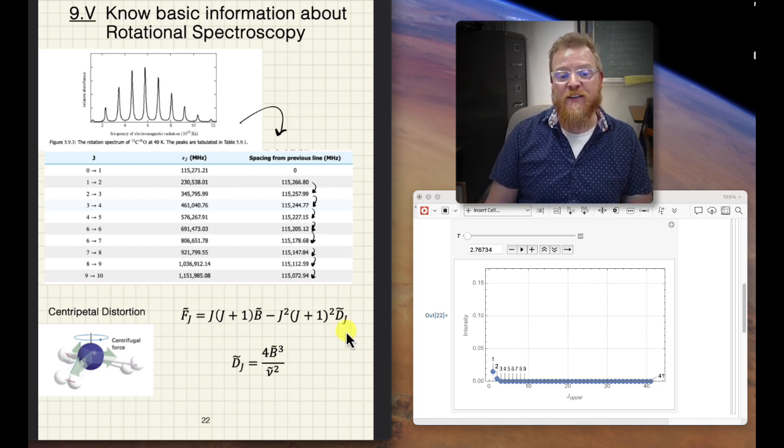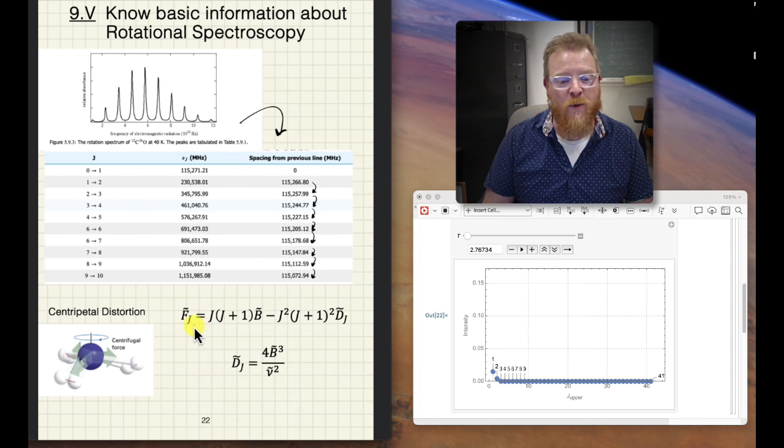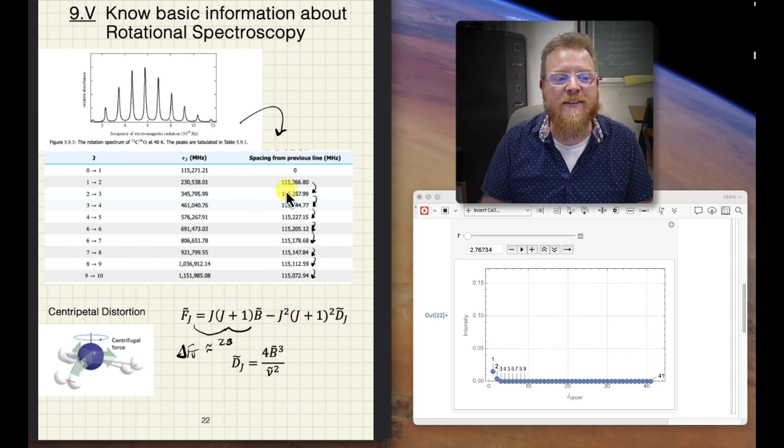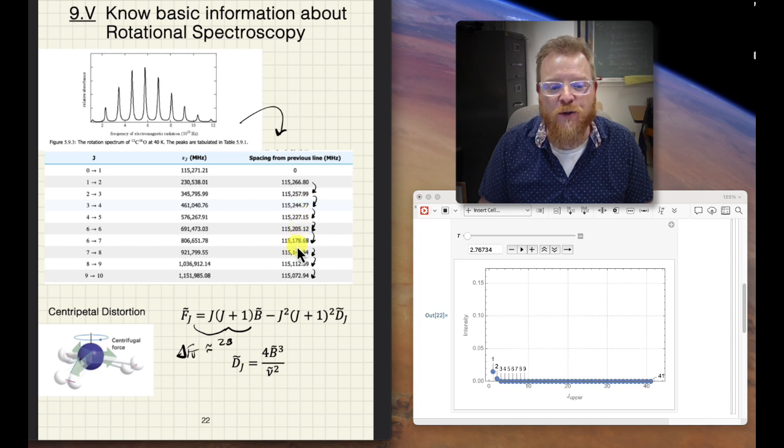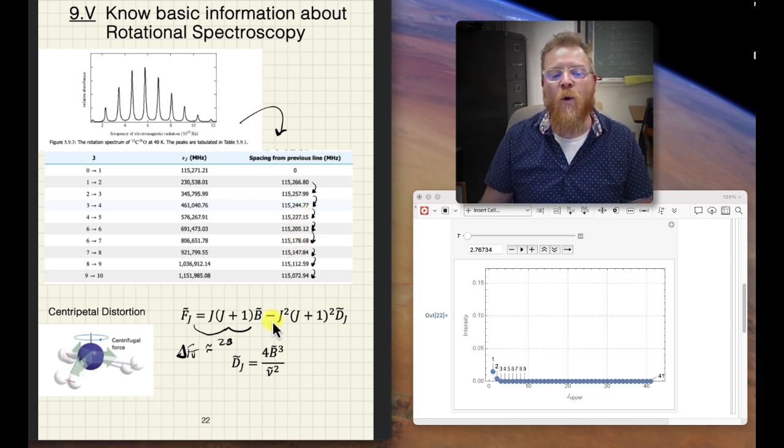So I'll just present the solution to that directly. So remember, this is what we expect to give us every 2 times B, right? And the difference, if I say delta F_J. Because as we get up to higher and higher levels, those values are getting closer and closer together, we know it's being subtracted.